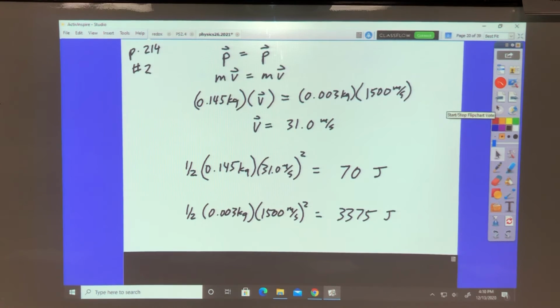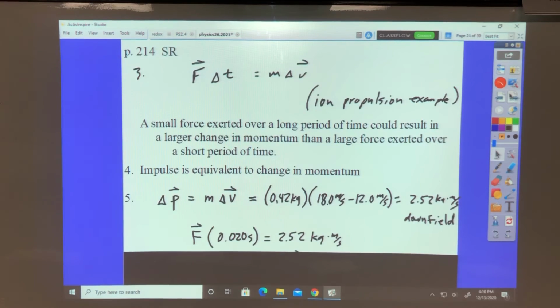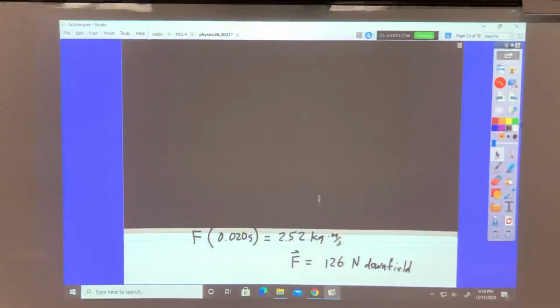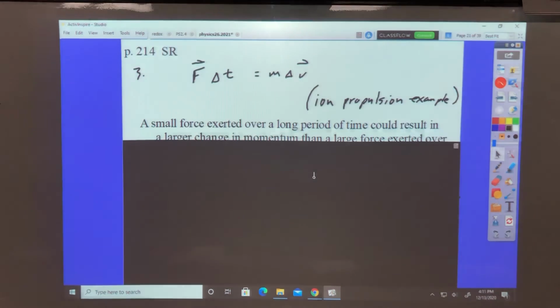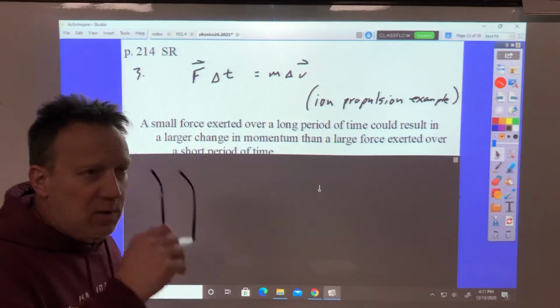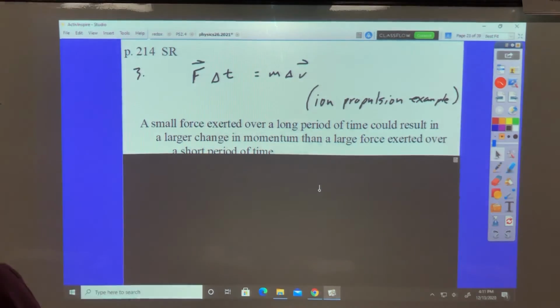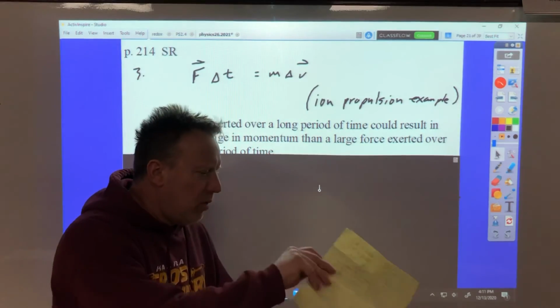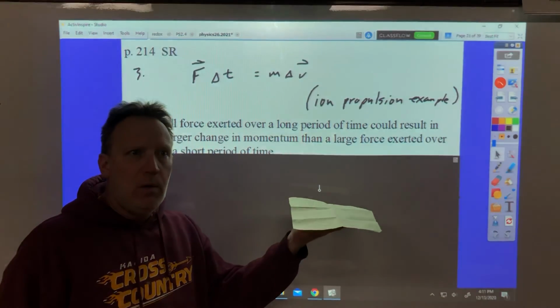Okay, number 3. When a force is exerted on an object, does a large force always produce a larger change in the object's momentum? Explain. No. Think about an ion propulsion system on a spacecraft moving through the solar system. An ion propulsion system might exert a force equal to the weight of a piece of paper.